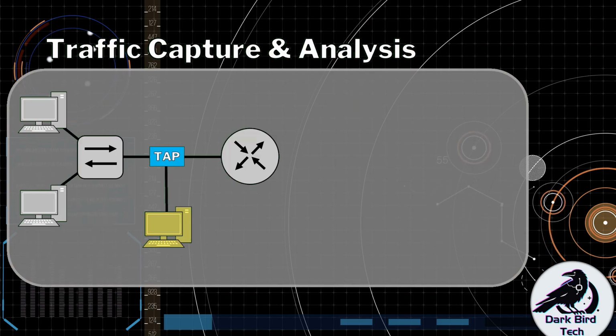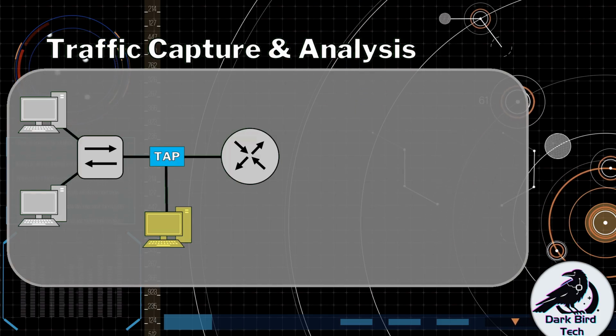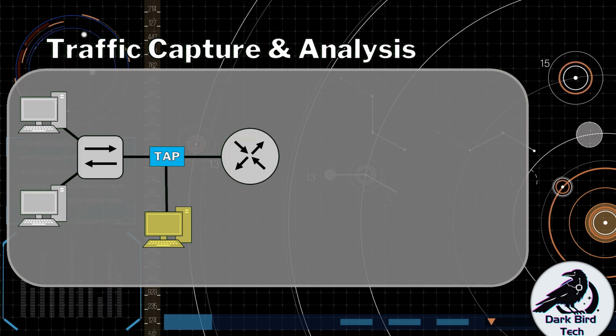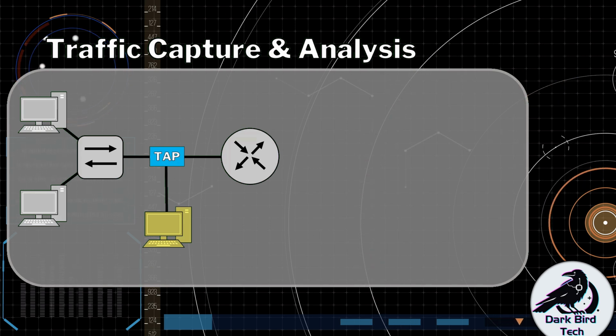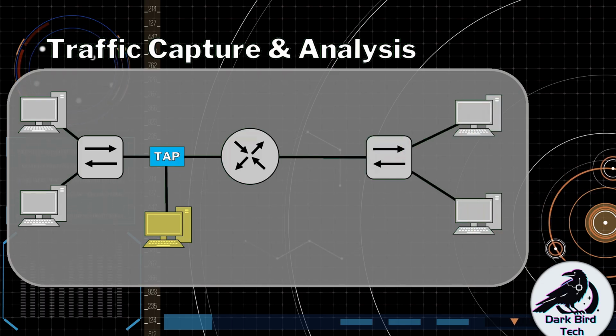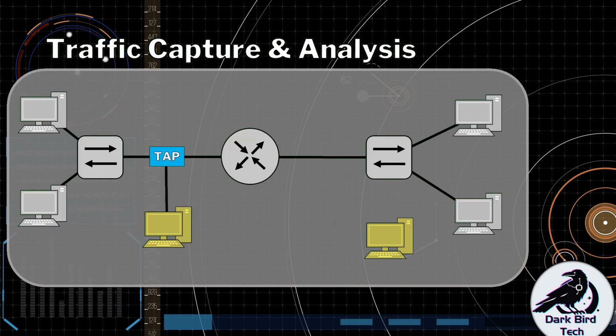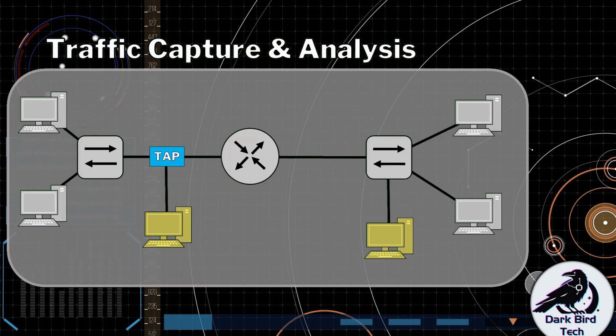The problem, though, is taps are kind of expensive, and speed-wise, they might not be working as fast as your connection needs to work. So, alternatively, we could use a managed switch. If the switch over here allows me to log in and configure stuff, I can come along with my inspection machine, my monitoring station, whatever I want to call it, and cable it up.